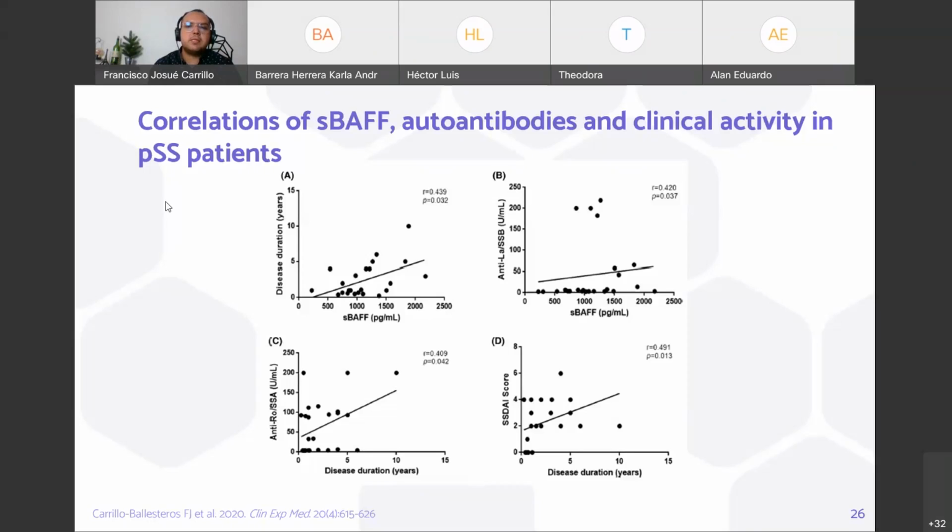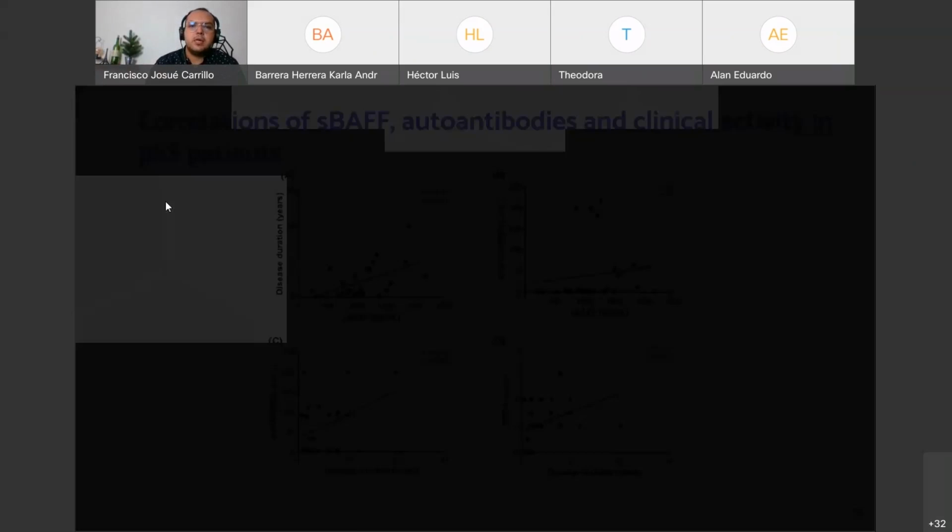So this can tell us that the perpetuation of this immune pathogenesis, or the infiltration that we're watching within the tissue, could also be promoted by the progression of the disease in some of these cases.